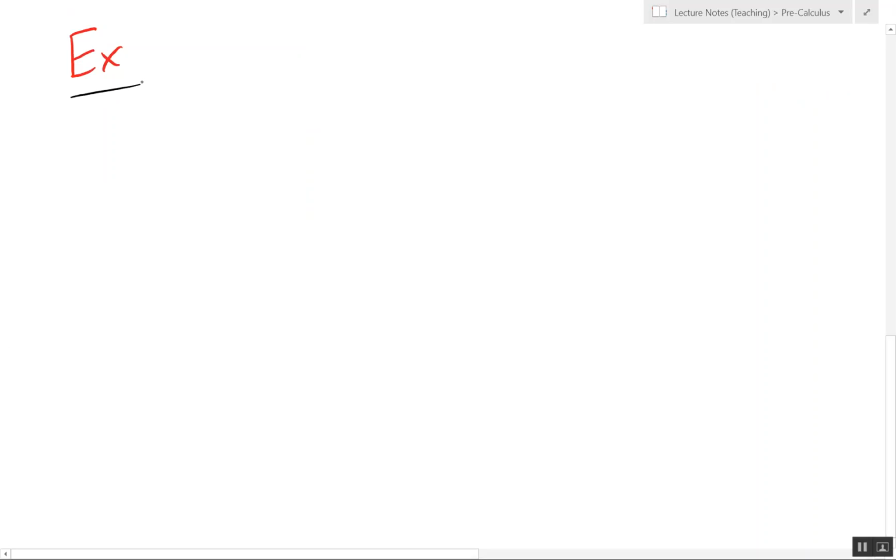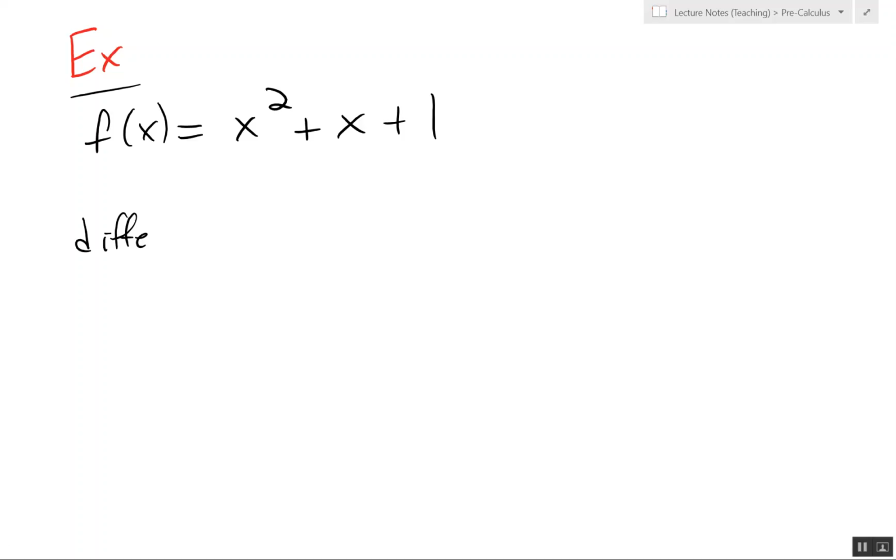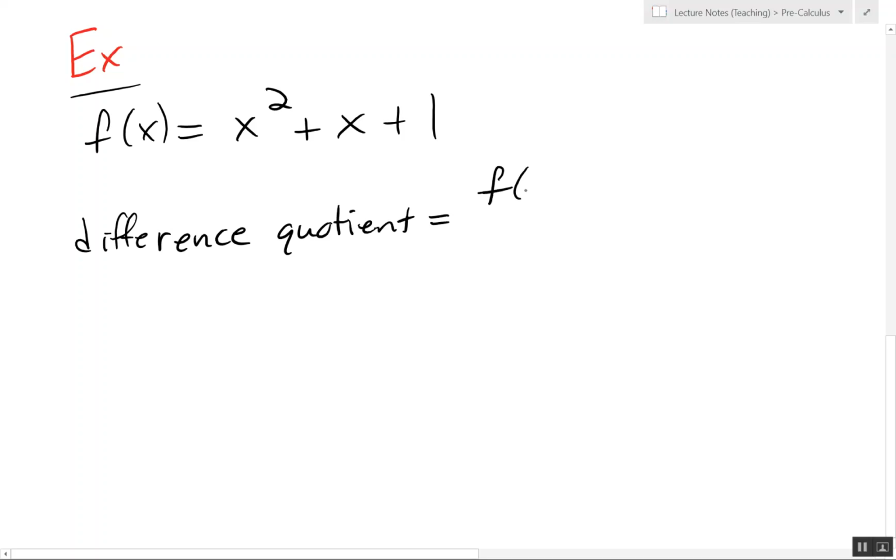So let's look at the function f of x equals x squared plus x plus 1. And let's find its difference quotient. So the difference quotient again is given by f of x plus h minus f of x over h.